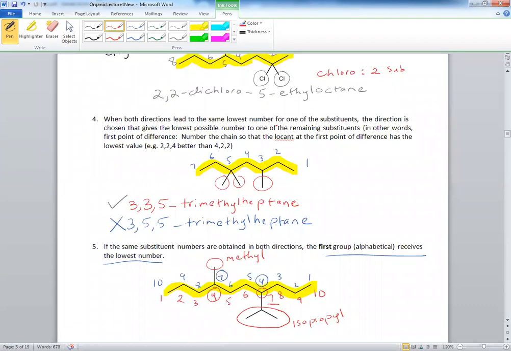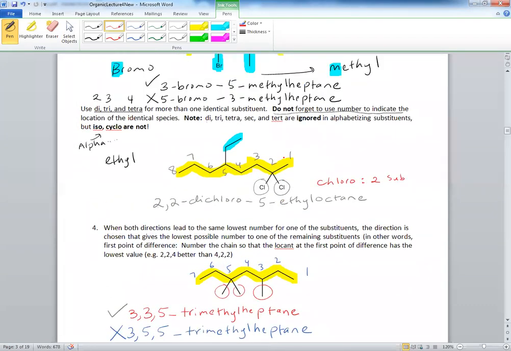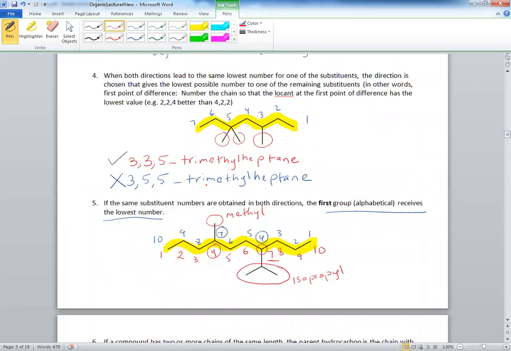Because I said to you back here that you should not ignore iso. Iso is used in alphabetizing. So in this case, this is an I, and that's an M. So therefore, isopropyl should have the lower number.